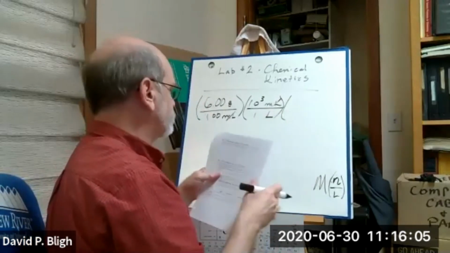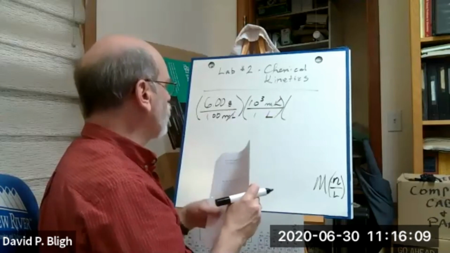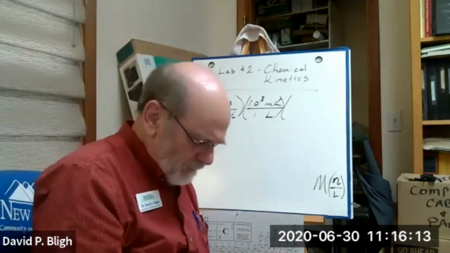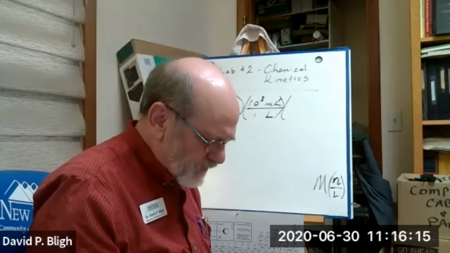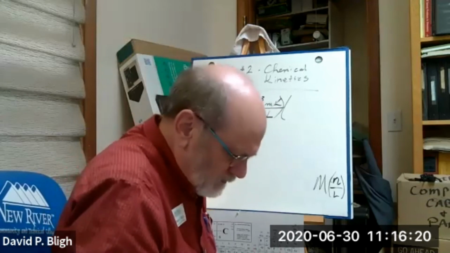Grams to moles, right? So we need to know the molar mass of sodium hypochlorite. Hold on a second. Okay. You know, I don't think we need the density.